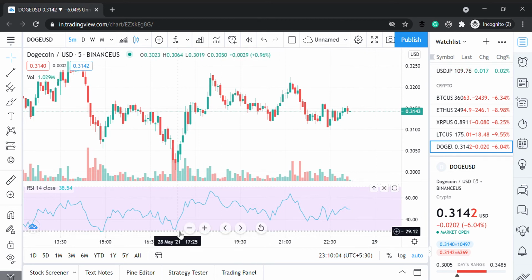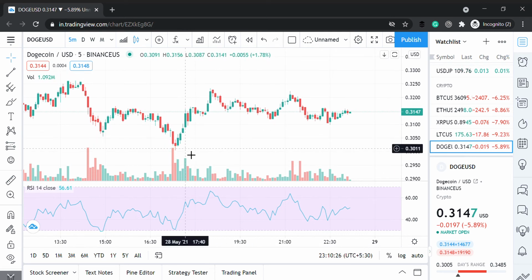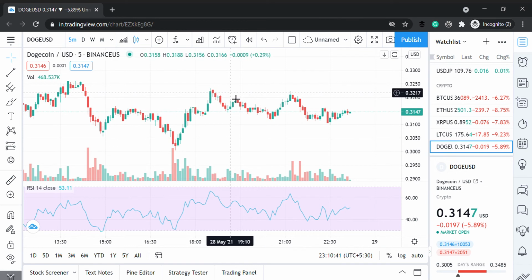And when you compare all the price movement, the RSI showed us lower volumes, and this is a doji candle, and then there is a good upwards trend. When you see this trend, almost like $1 kind of an upward trend.